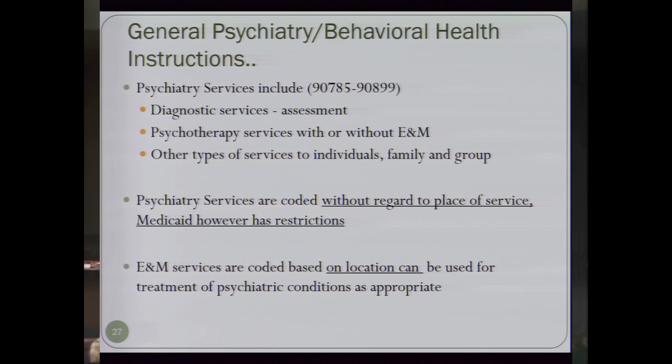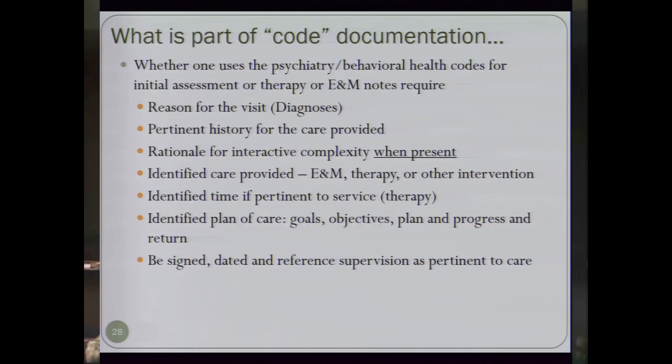Okay? That 90792 for the physicians and clinicians in the office can be used in any location. Office, hospital, homeless shelter, nursing home, group home, anywhere. E&M services are site-specific. So if your model changes and you're adding different locations, you'll need to get familiar with those E&M codes related to those locations.